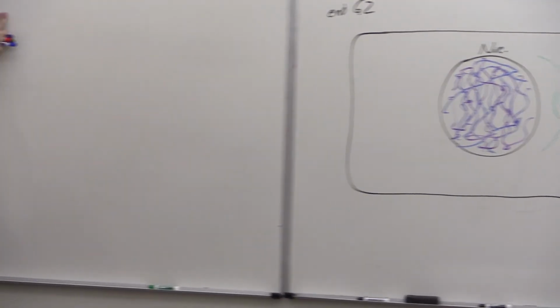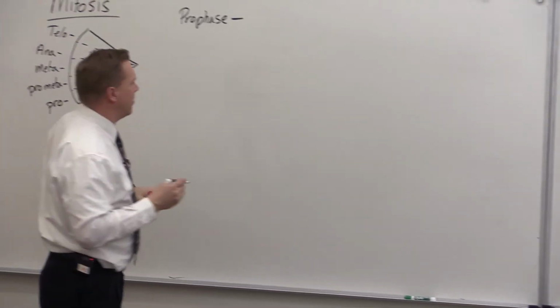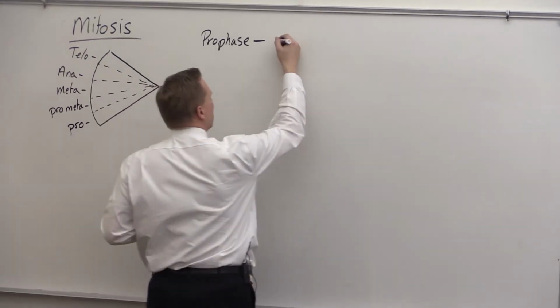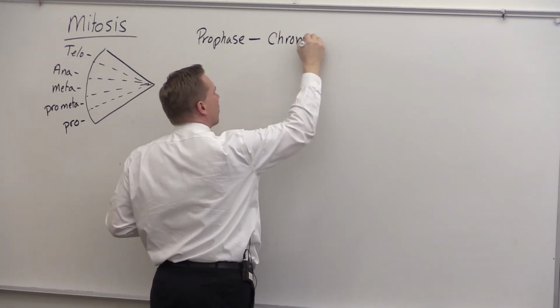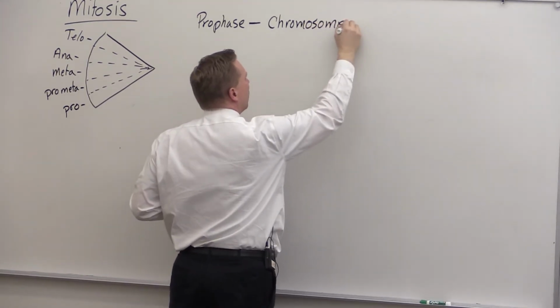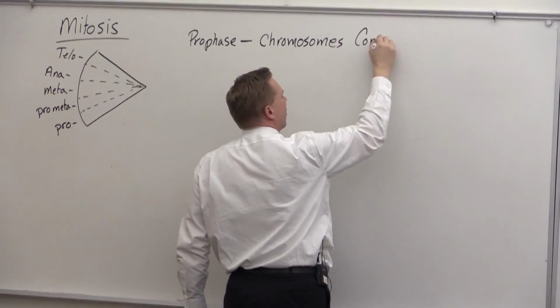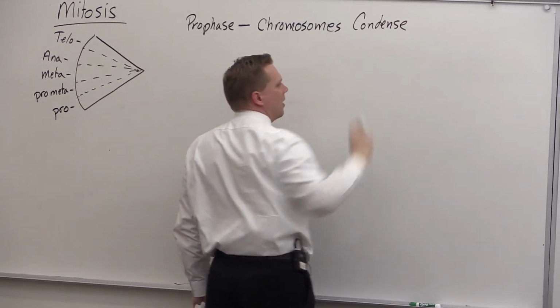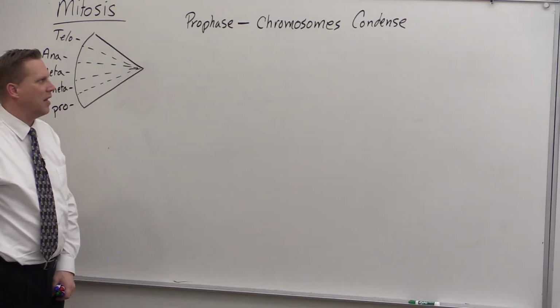So what happens in prophase? Well, one of the first things that happens is that the chromosomes condense. Okay? So the chromosomes are going to condense.